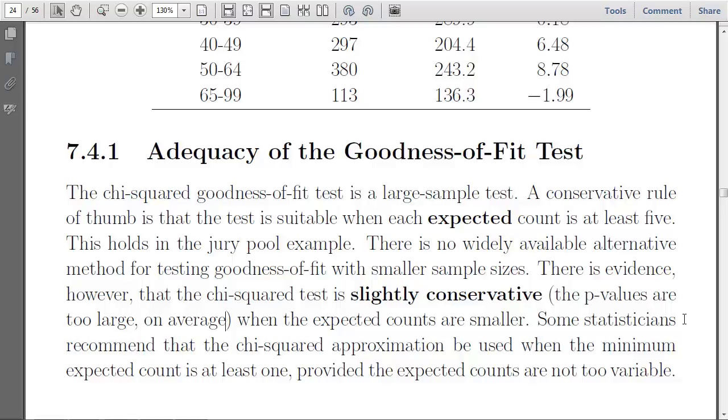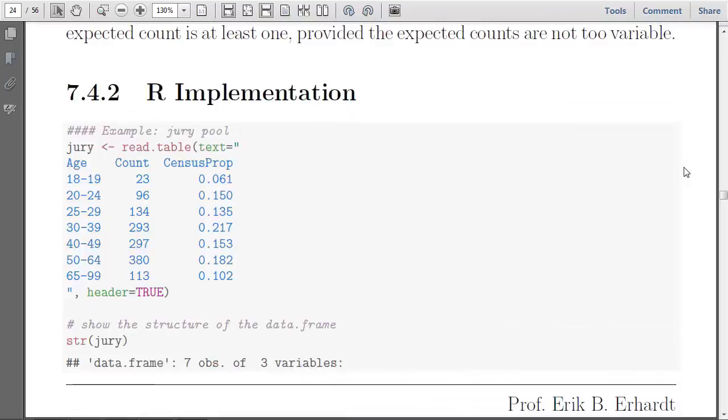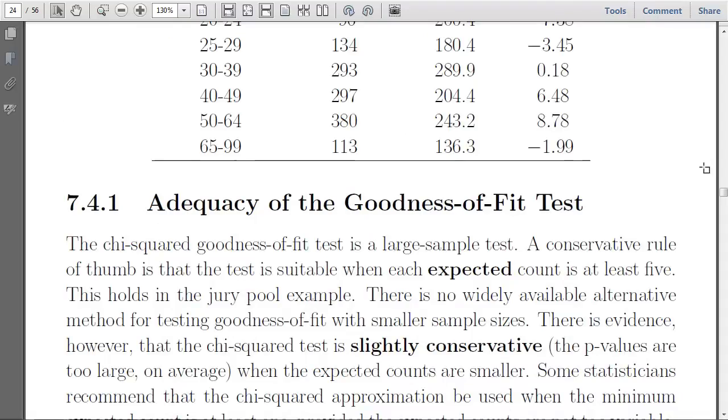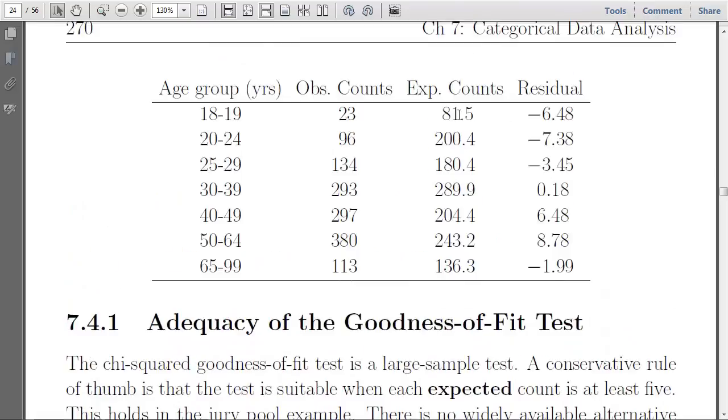So just an indication that we're unlikely to reject the null more often than chance would dictate. And some statisticians recommend that the chi-square approximation would be fine as long as the minimum expected count is at least 1 in each category. Sorry, I pressed the wrong button. So rather than 5 in each of these categories, some statisticians say that you need at least 1.